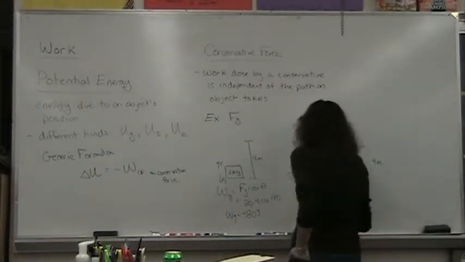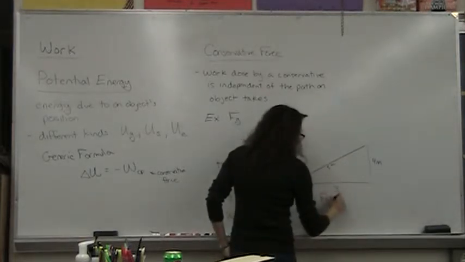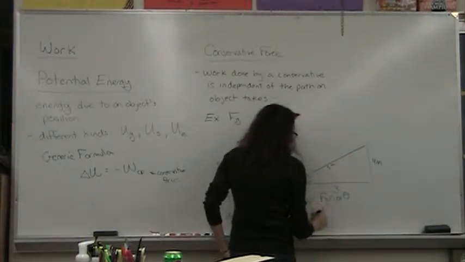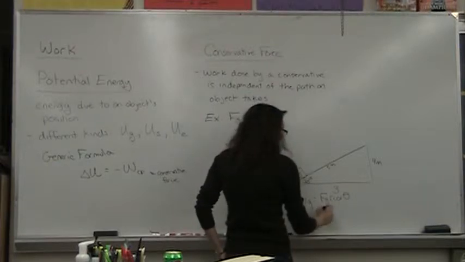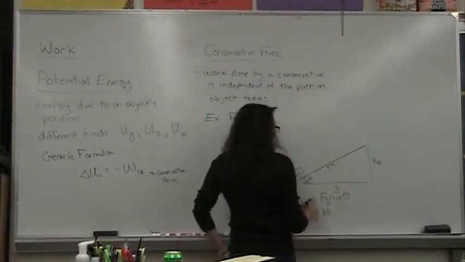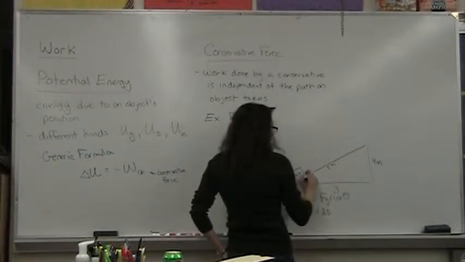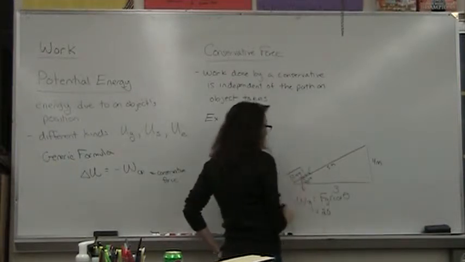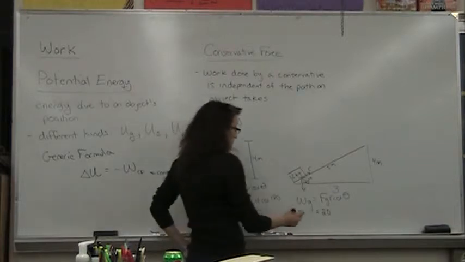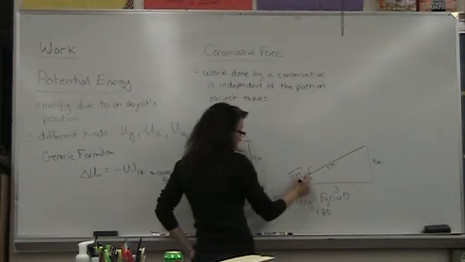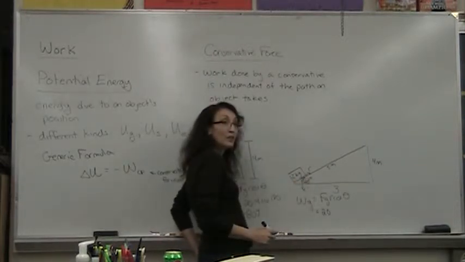So let's see. F_G R cosine theta. F_G is still what value? mg, which in this case is going to be 20, right? Here's my F_G, here's my R. What's the angle between those two things? 90 plus 53, right?